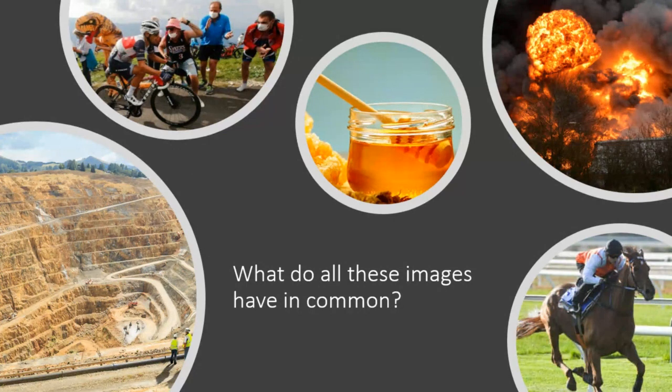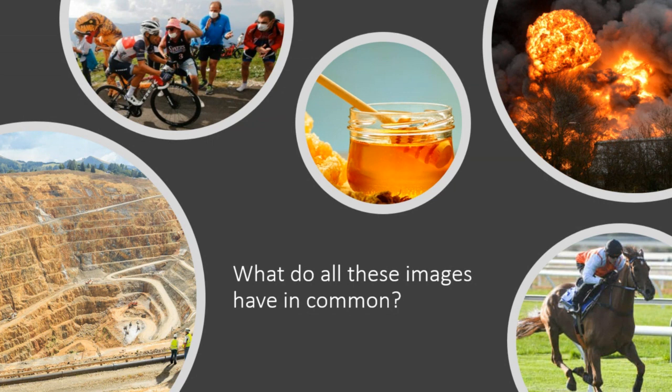Atoms. Oh, actually, yes. Atoms is technically correct. There are atoms present in all of these. This might have been a bit ambiguous because we have a picture of an open-faced mine, some honey, some sports, and an explosion. It's very weird to try and connect all of these.